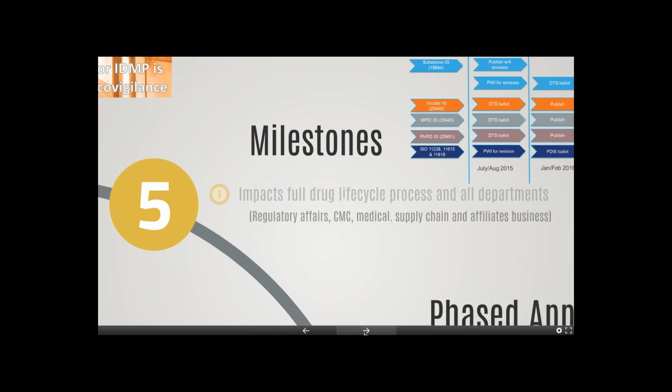Well, what we have seen already in the slides that Christy showed is that if you look at the breadth of the IDMP guidelines, it's really clear that it goes over the full drug life cycle process. It's not only for registered products, I mean that's the first step, but also investigational products. There is also a standard for that, and as you see later when we talk about the EMA guidelines, there will also be a request to submit information about investigational products.